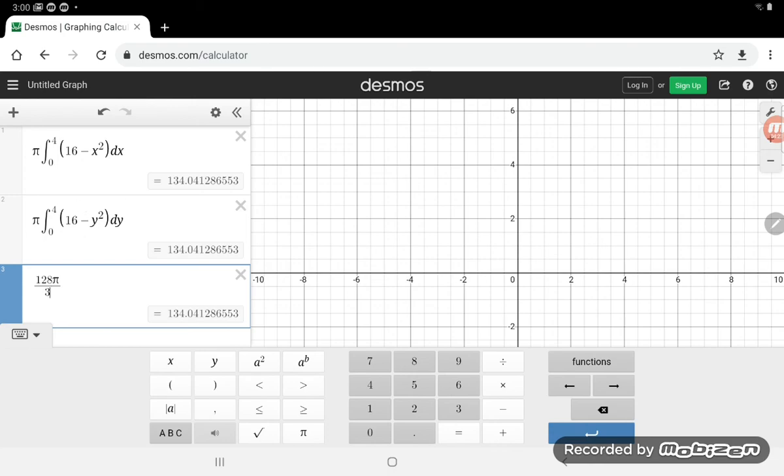So y is usually the dependent variable of a function, and so sometimes it can get a little funky when it works with y, whereas x's are usually the independent variable. So it looks like it worked both ways, but to be safe, I definitely would have just gone with the x's to begin with in Desmos. Okay, so we're done.